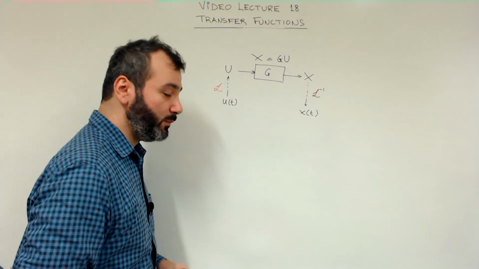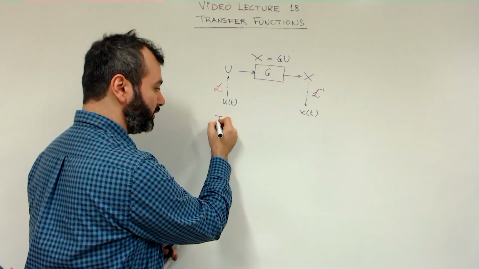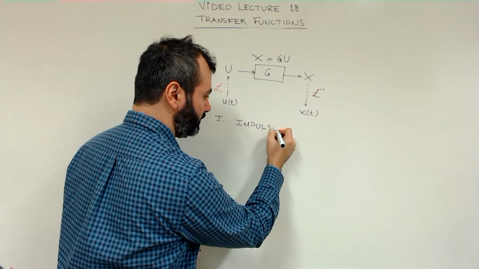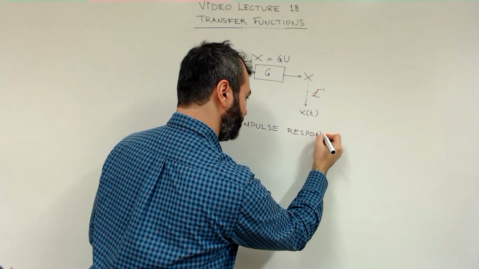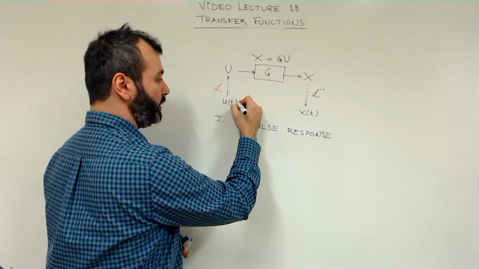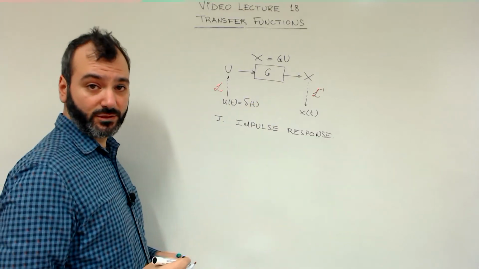And there are three important responses that we mentioned previously. First of all, the impulse response, which is the response of the system when u of t is equal to delta of t, the Dirac function.